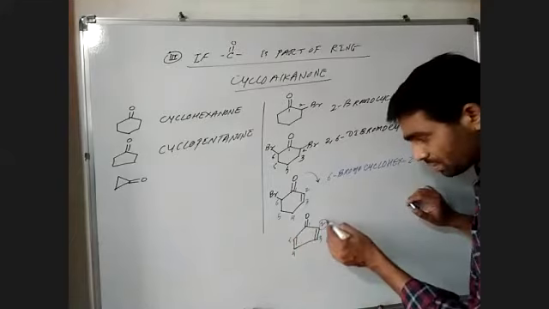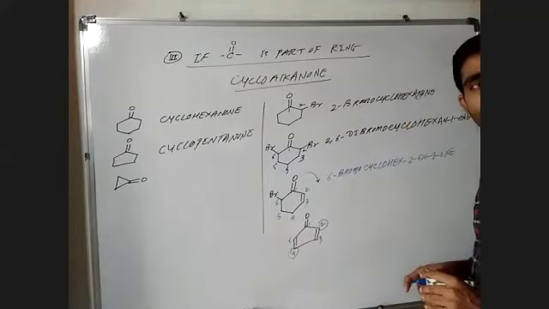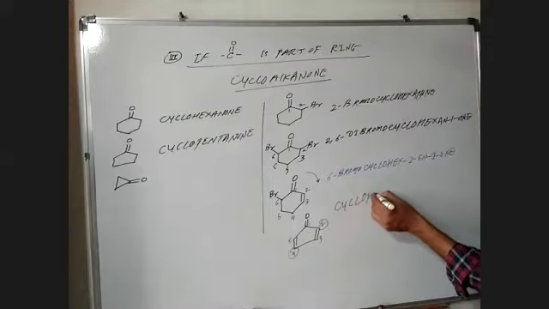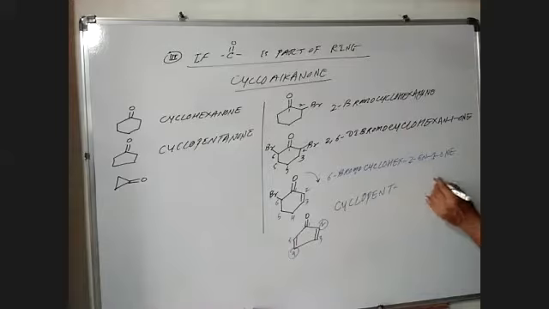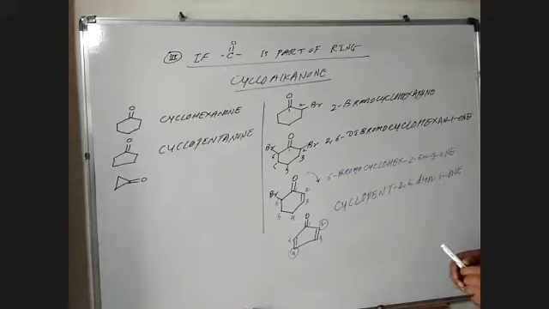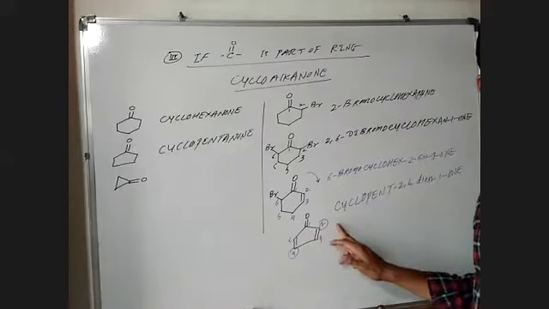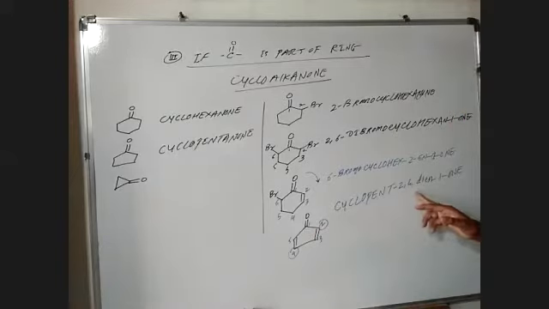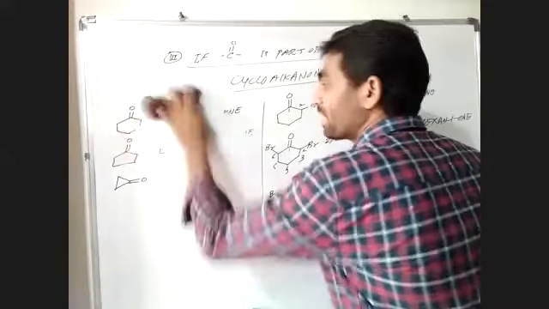At the second and fourth positions we have double bonds. So this will be cyclopenta-2,4-dien-1-one. Yes, that's right. Cyclopent, not cyclohex, cyclopent. So we can explore this idea like this.